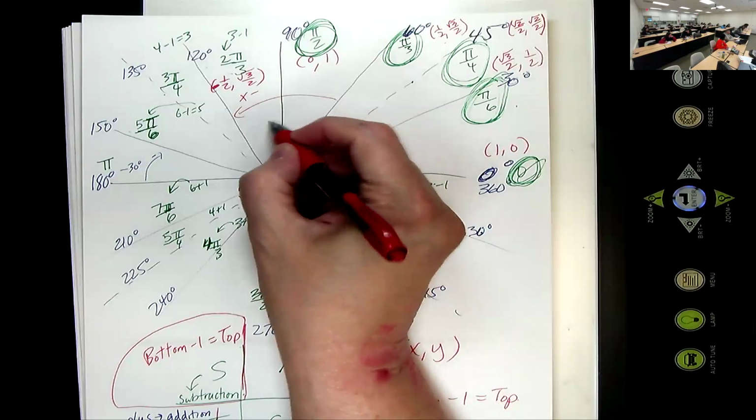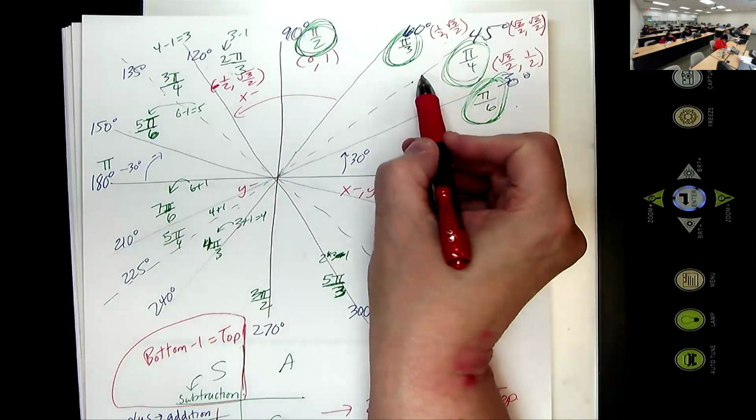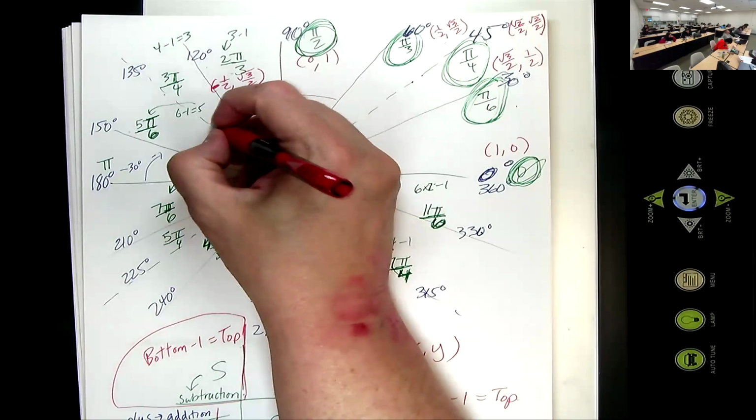If I do this one here, this one was, the diagonal was the √2's.